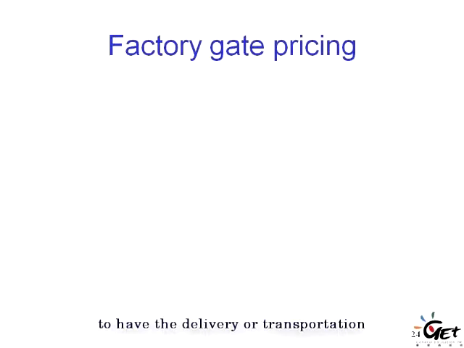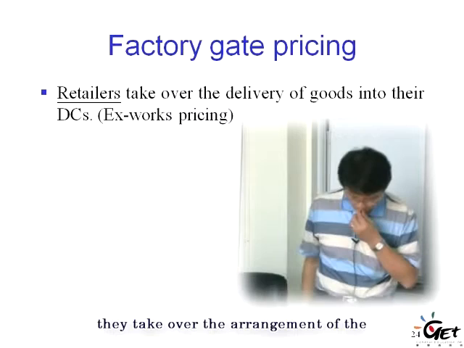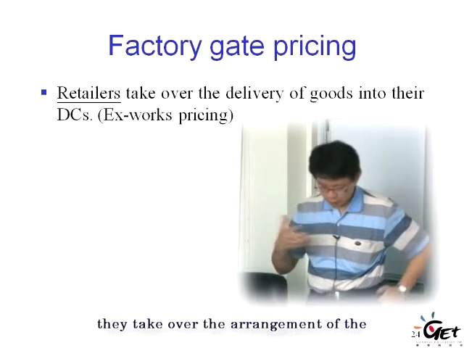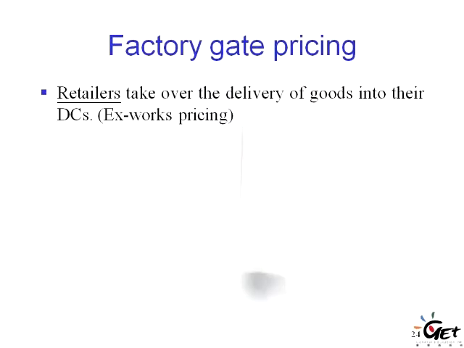So to make the delivery or transportation arrangement more reliable and more flexible, nowadays those retailers, especially those chain stores, take over the arrangement of the delivery from the suppliers, right?